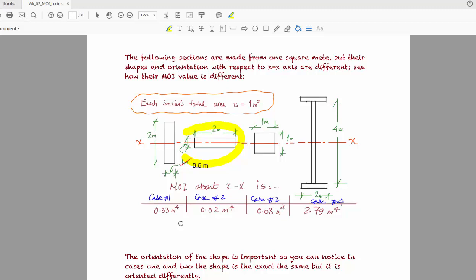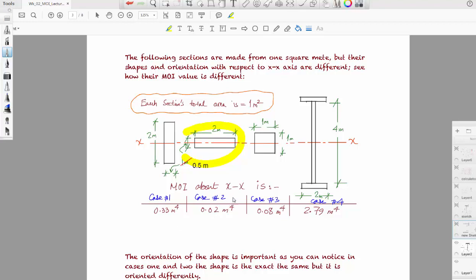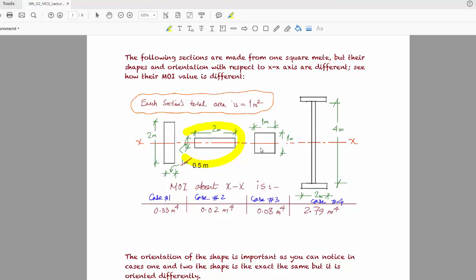So if you want to know how much is the difference, 0.33 divided by 0.02, this section is 16 times stronger than the first one. Now if you just do 1 meter by 1 meter, like so, you will see the moment of inertia is equal to 0.08.